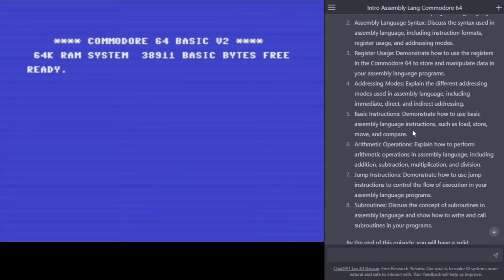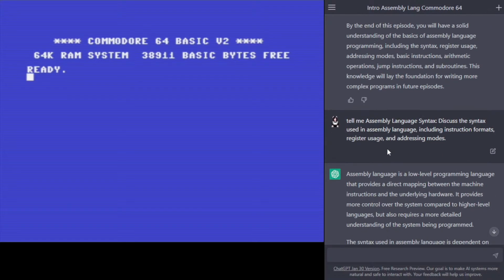That was the addressing modes. So now basic instructions. Demonstrate how to use basic assembly language instructions such as load, store, move, and compare. Okay, so she's actually going to be giving us some code information, it looks like.